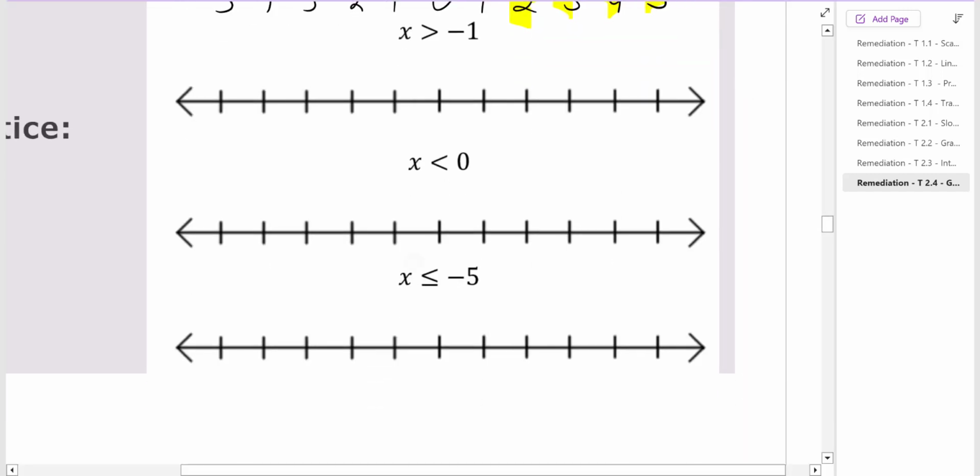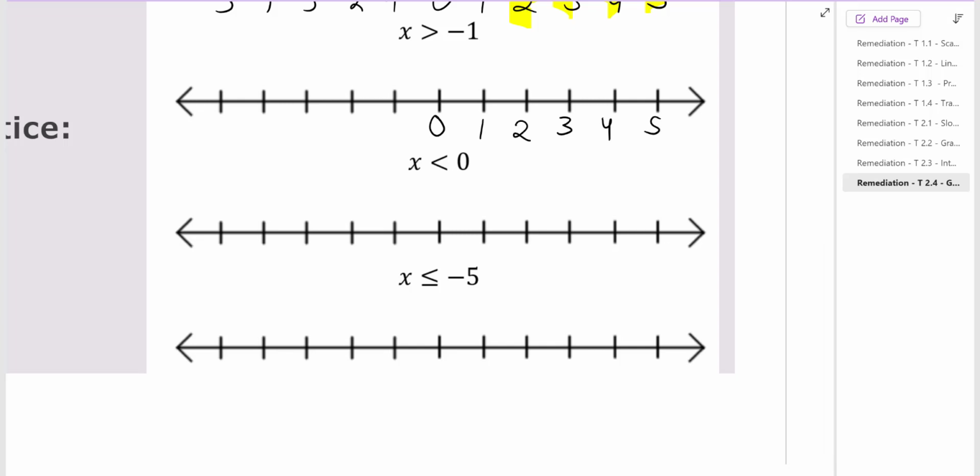All right, the next one is x is greater than -1. 0, 1, 2, 3, 4, 5, -1, -2, -3, -4, -5. Okay, so this symbol right here is greater than. There's no line below in the symbol, so it means it's open. No hay línea abajo.